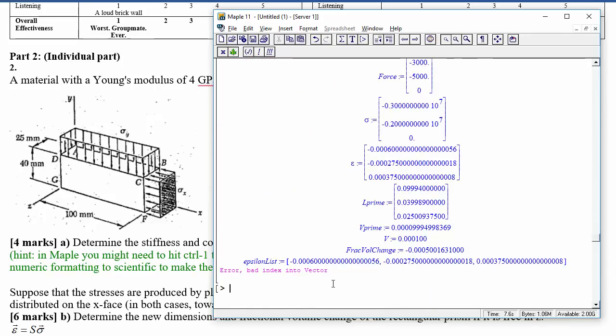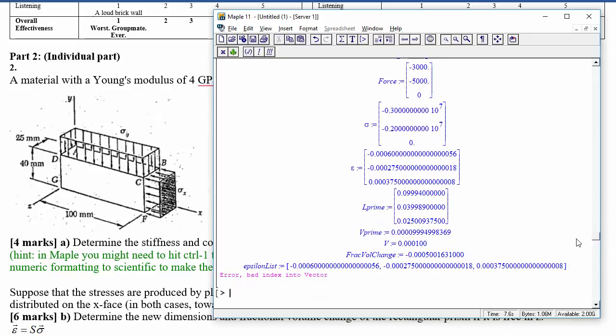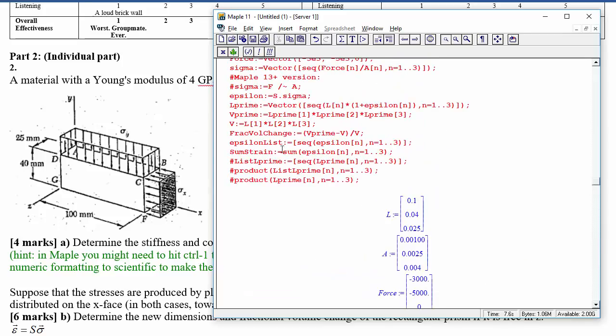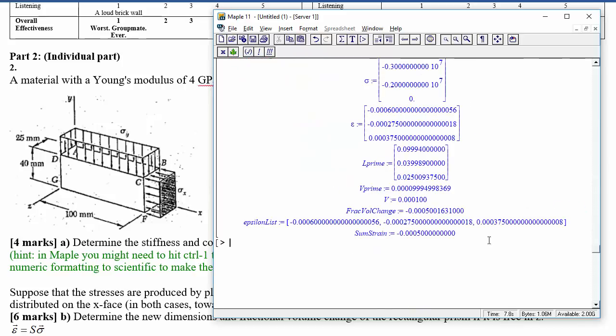And so now we've got our epsilon as a list rather than just a vector. And then if we were to sum the epsilon list, now this should tell us the sum of the strains directly. Again, we could have just manually added that up. So it's not exactly the same as the fractional volume change, but it is equal to 1 part in 5,000. So that's pretty good and what we would have expected.